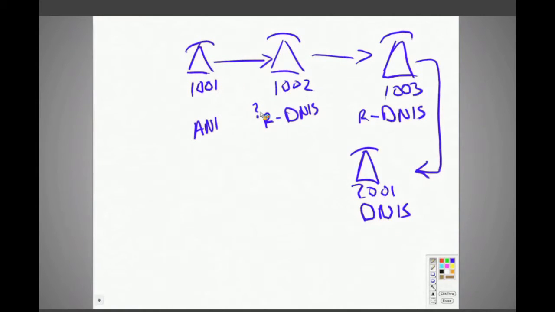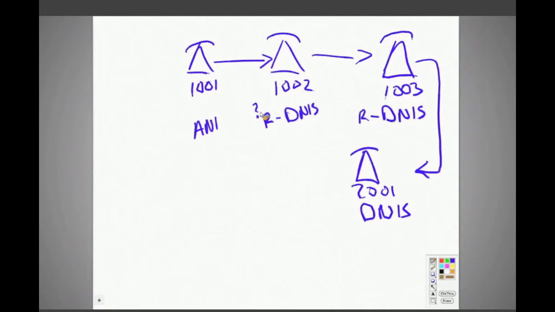Doesn't that depend on what checkboxes we have in the DN as far as original call party flags? Well, that's actually ultimately what we're getting to, but it doesn't have anything to do with what 1002 is in terms of the life of the call, just what somebody sees.